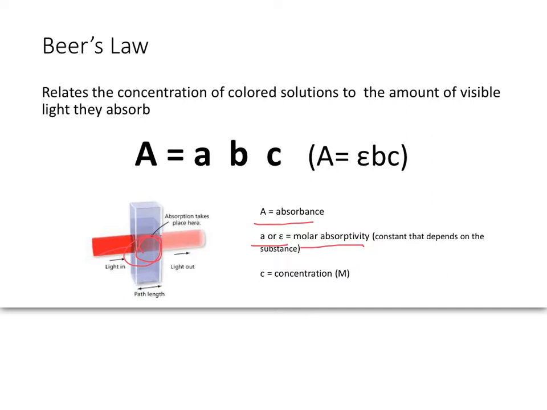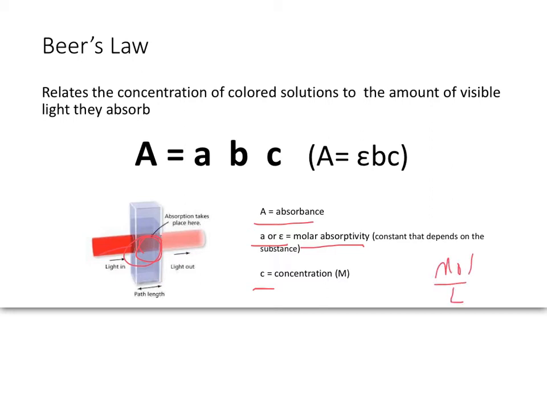So if I have a blue solution or a green solution, they'll have a different molar absorptivity constant. And it's actually also unique to the specific wavelength. So at a certain wavelength, there'll be some molar absorptivity. And c is the concentration. The concentration is nothing more than the molarity, moles per liter.